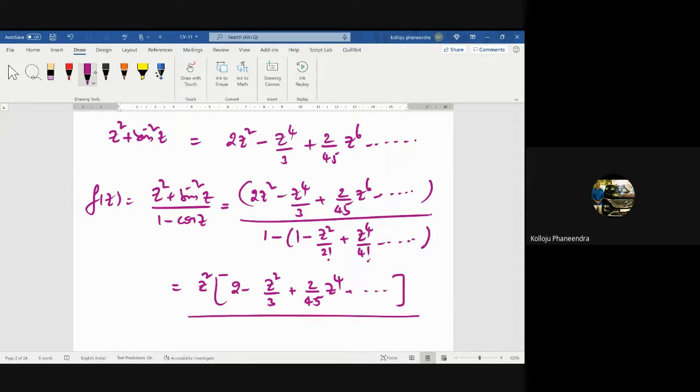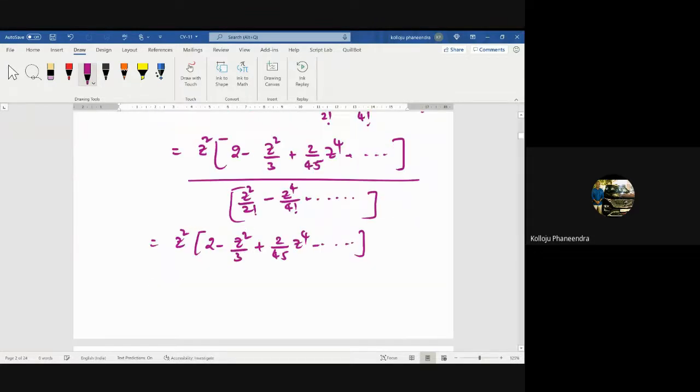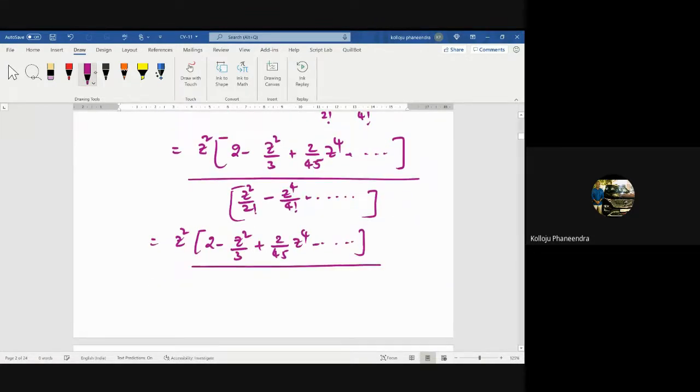What is the denominator? z square by 2 factorial minus z power 4 by 4 factorial and so on. Now take z square common in the denominator also, divided by z square.